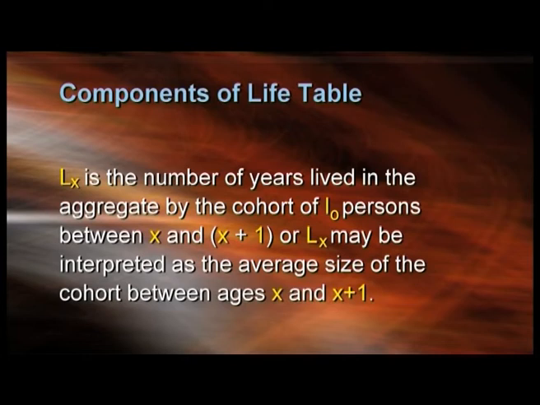Capital L of x is the number of years lived in the aggregate by the cohort of L naught persons between x and x plus 1, or capital L of x may be interpreted as the average size of the cohort between ages x and x plus 1.